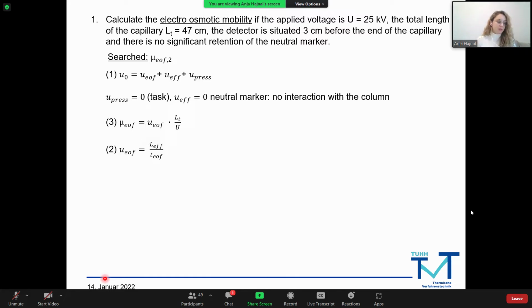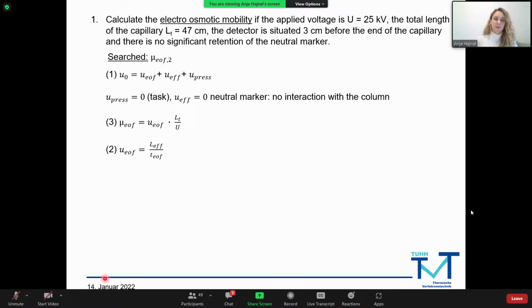So the first task is to calculate the electroosmotic mobility if the applied voltage is 25 kilowatts. The total length of the capillary is 47 centimeters. The detector is situated 3 centimeters before the end of the capillary, and there is no significant retention of the neutral marker. So what does this mean?